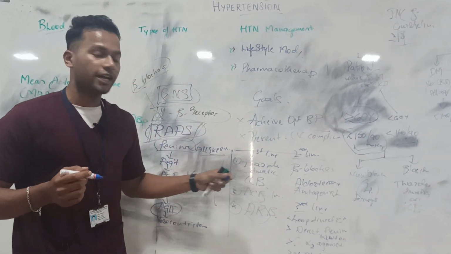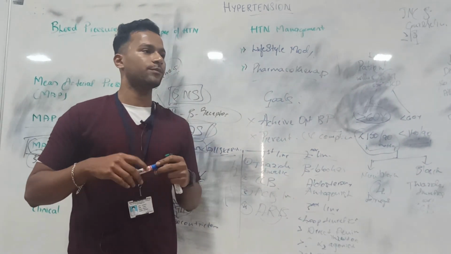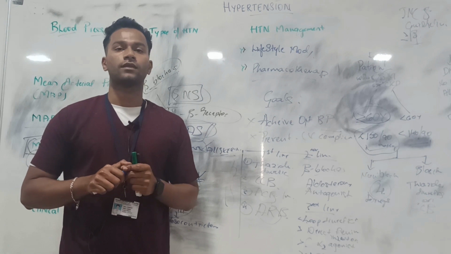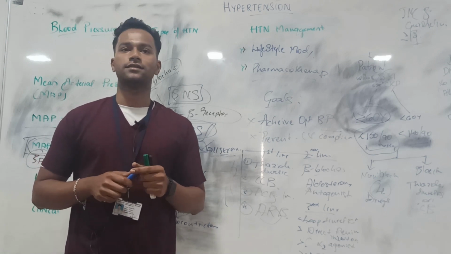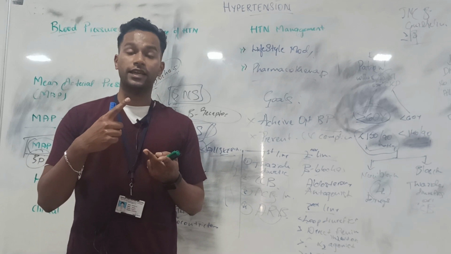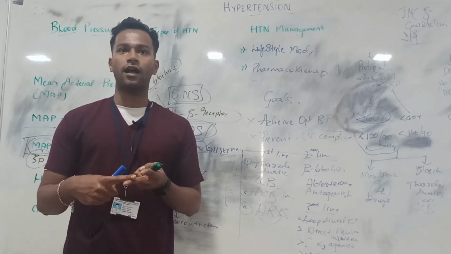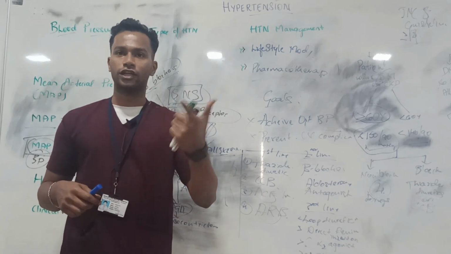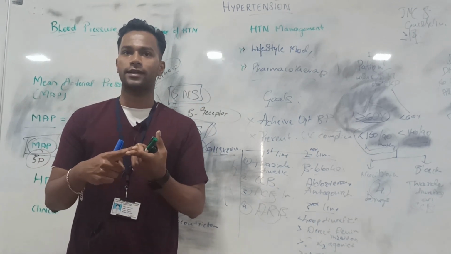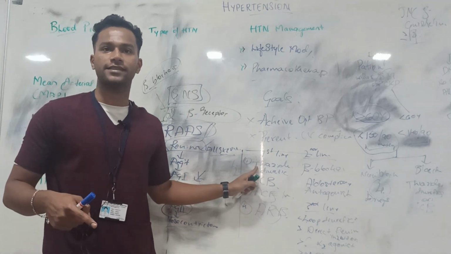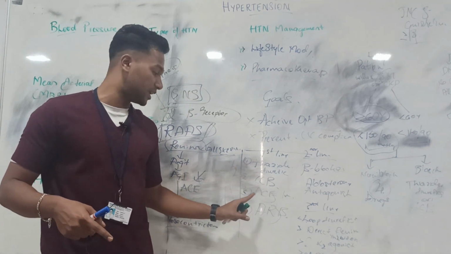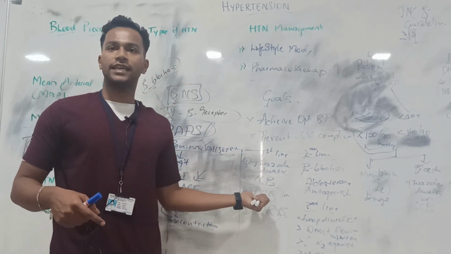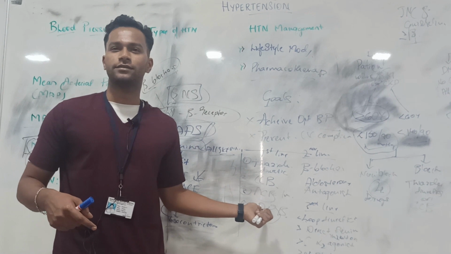So thiazide diuretics, what are the ADRs you will see? Electrolyte imbalance. Good. Another thing is hyperuricemia. So if a patient has gout, or a situation of electrolyte imbalance, then you shouldn't prefer thiazide diuretics. In that case, you have to prefer CCB, ACE inhibitors or ARBs. Another thing, when are ACE inhibitors not preferred in a patient?